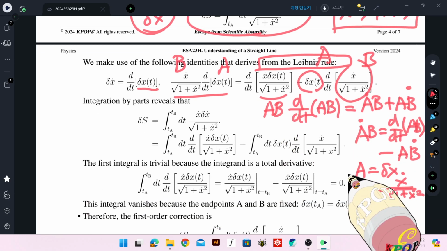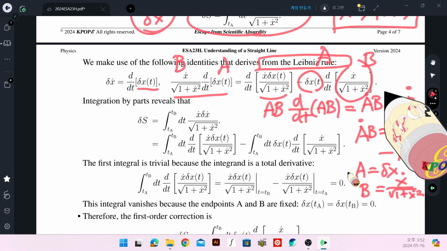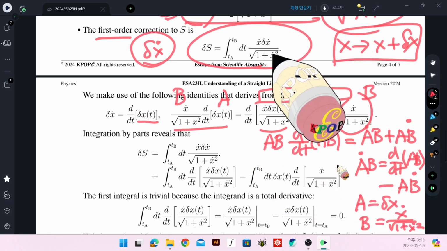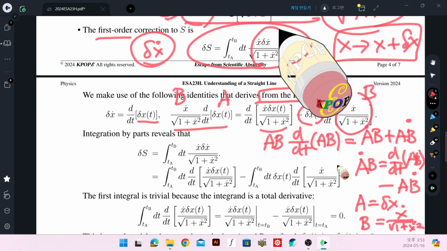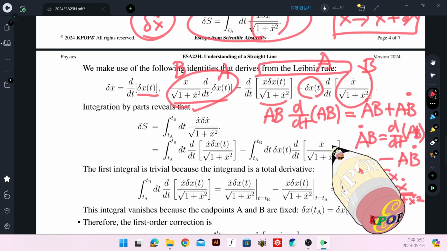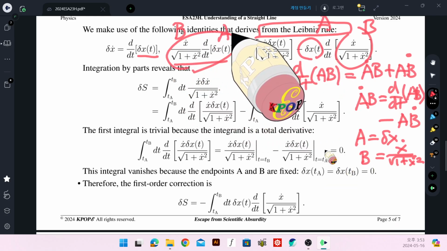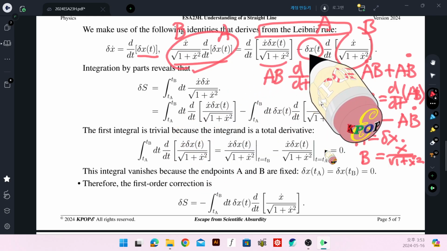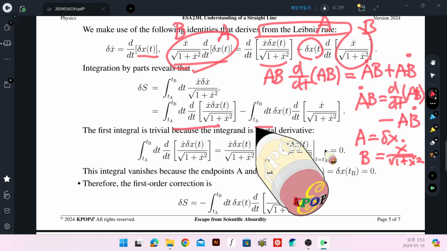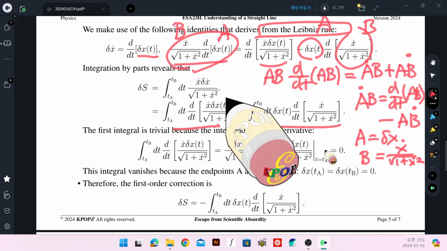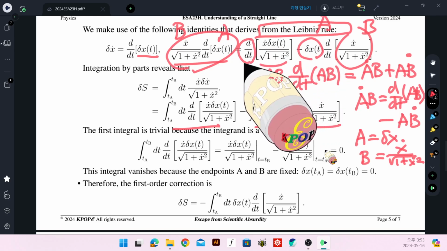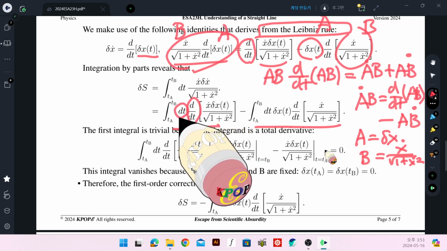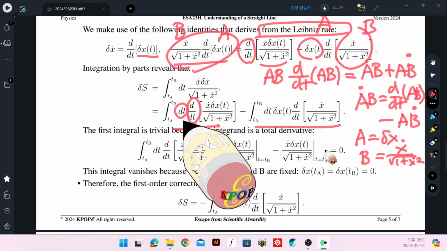As a result, using this identity, we substitute this identity in here. So this integral over t is replaced with this difference. We know this is the total time derivative, and the total time derivative is integrated over time again.